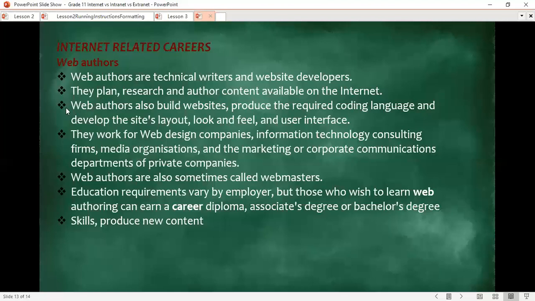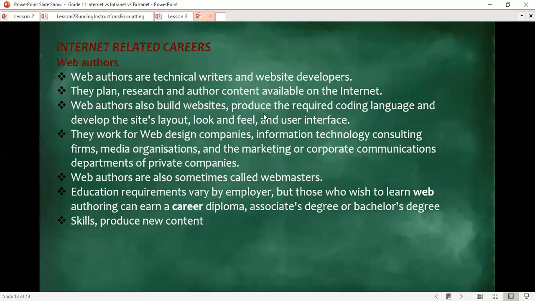And then let's come here. Web authors also build websites, produce the requirements, coding languages, and develop the site's layout, look and feel, and user interface.